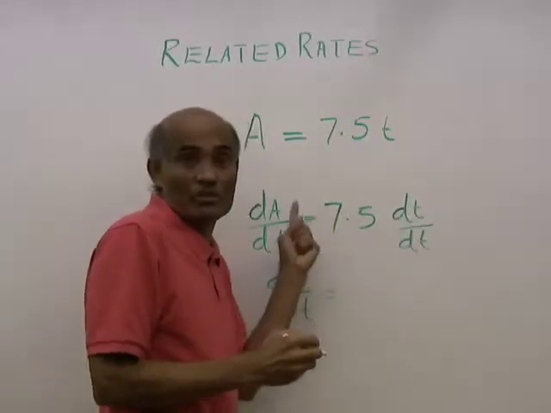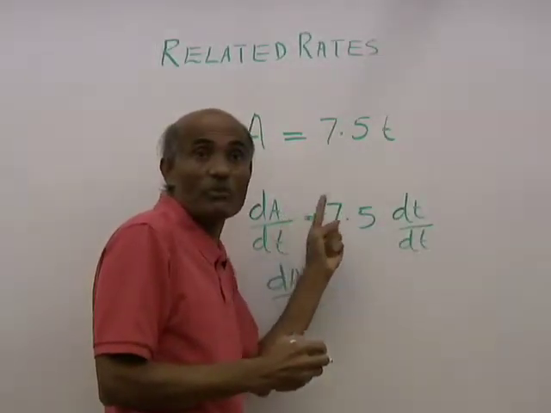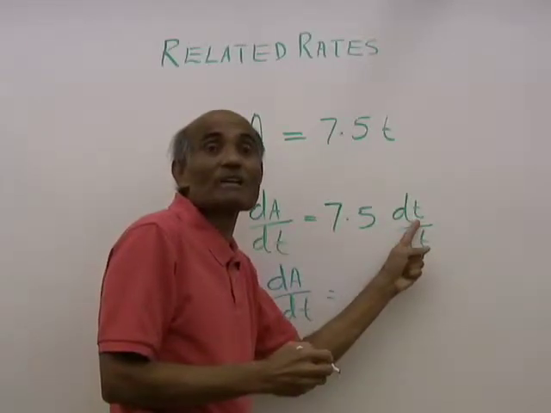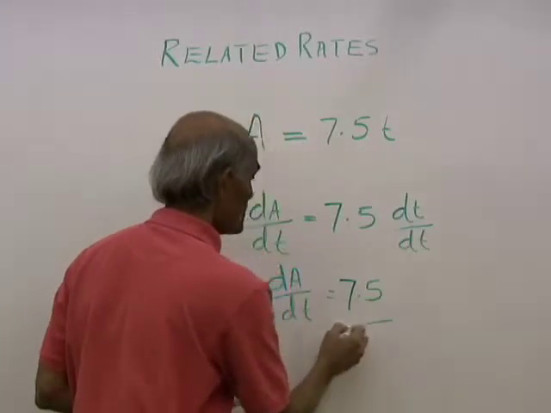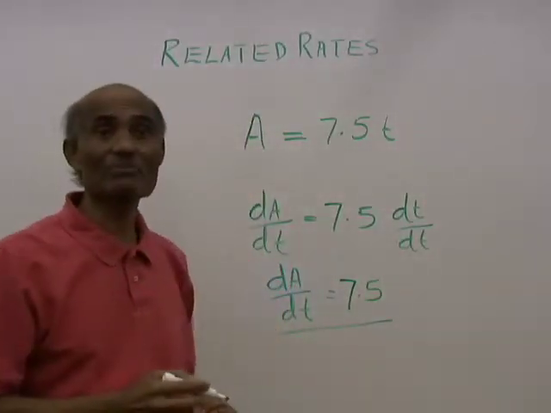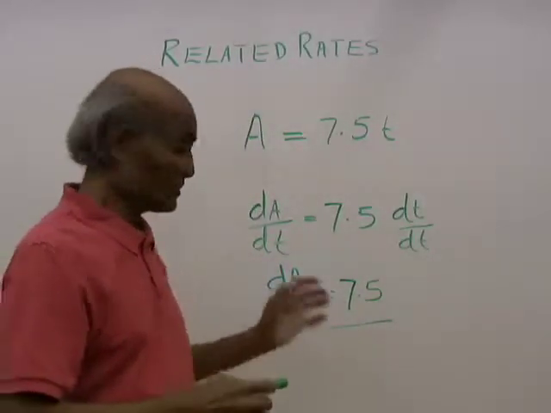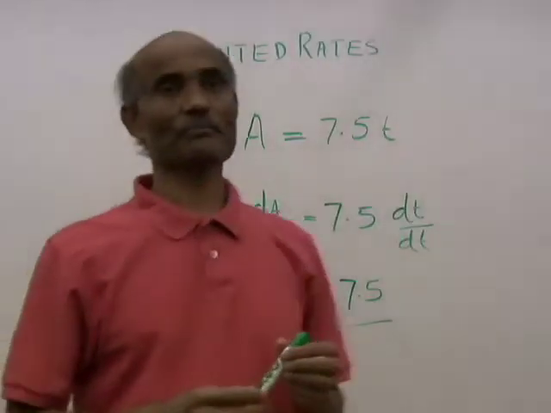Related rates. The rate of change of one variable is related to the rate of change of another variable. We have dA by dt is 7.5. Now, this is a very simple example.